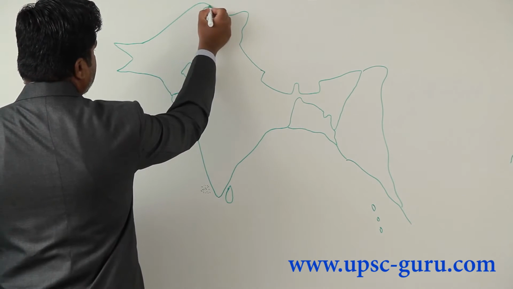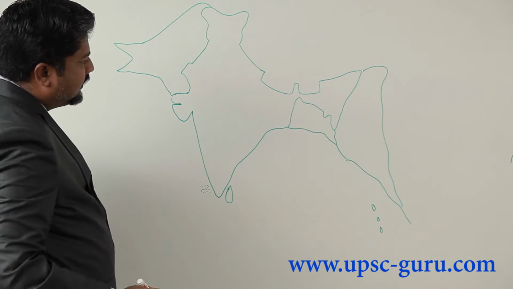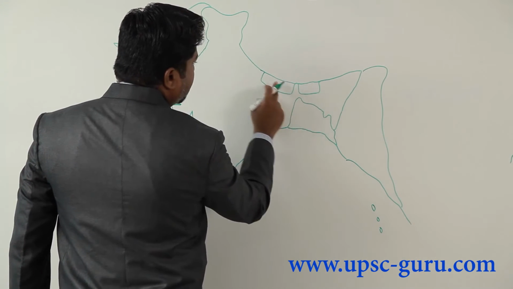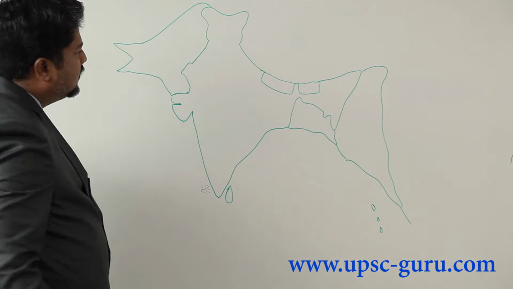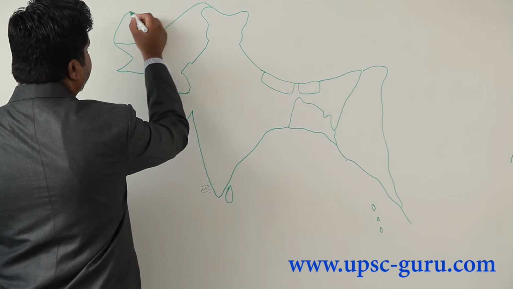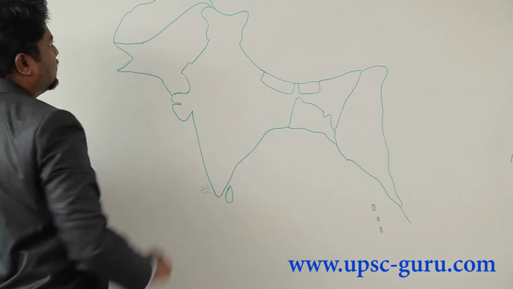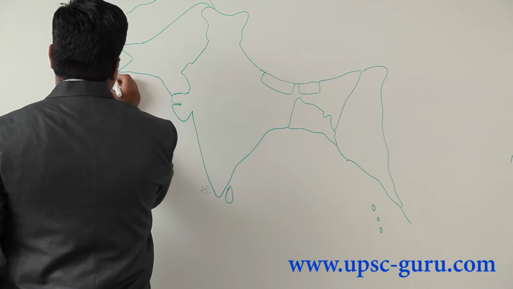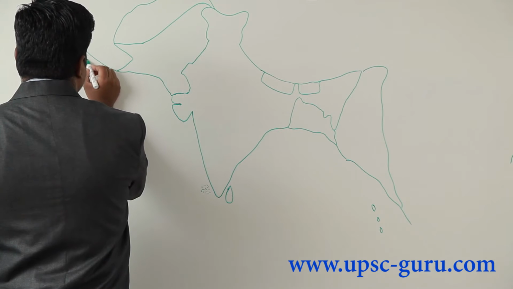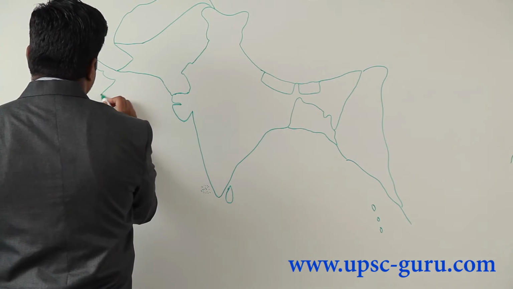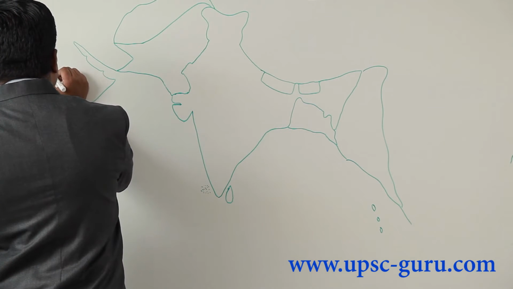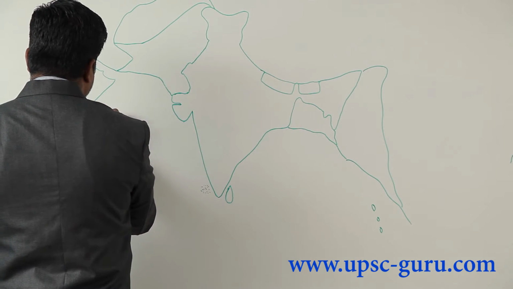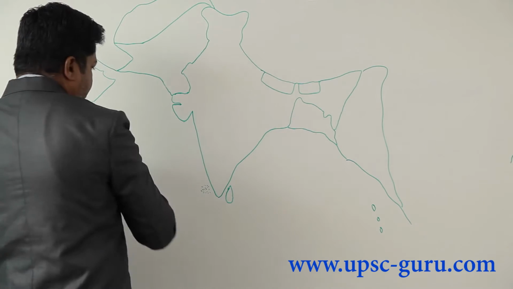Balochistan part. Nepal and Bhutan are separate nations. Then Afghanistan, one of the important neighbors on the map of India. Gulf countries. Africa.